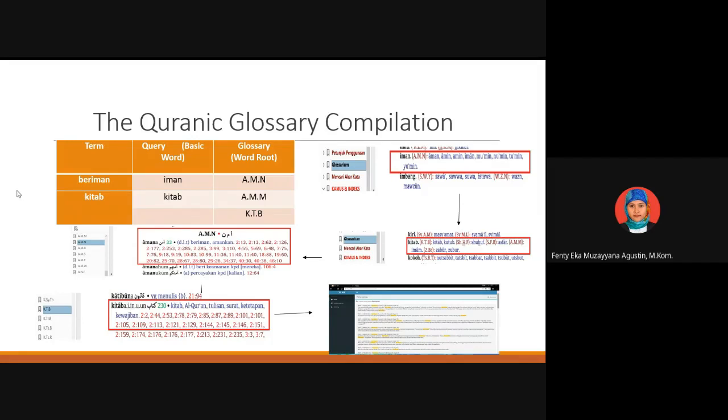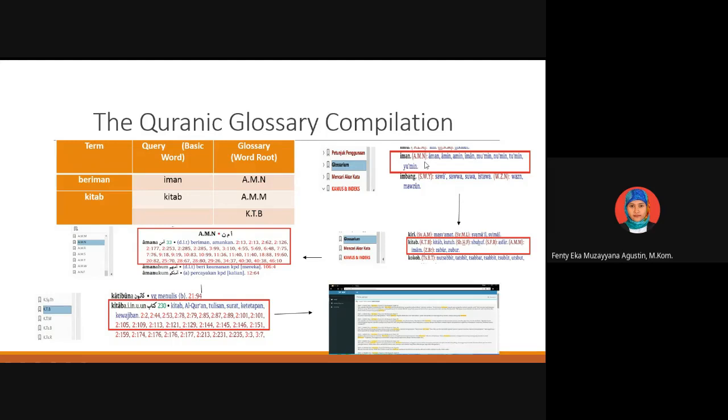The Quranic Glossary comes from Quran Explorer, created by Yudi Rohmat. In this glossary, iman is derived from AMN, alif mim nun.